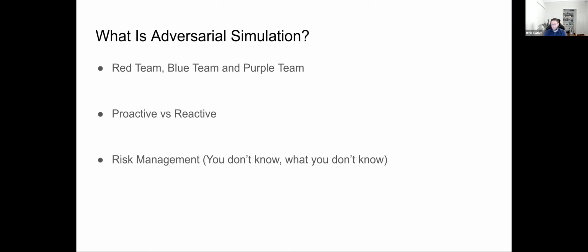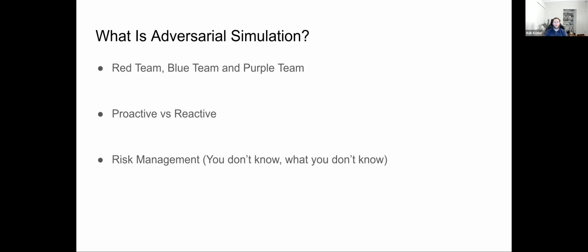Again, deploying, configuring, monitoring, training. There's obviously a harder job on the blue team. Now, the purple team, this invention that happened in recent years, has come to mix or to balance some of these efforts.